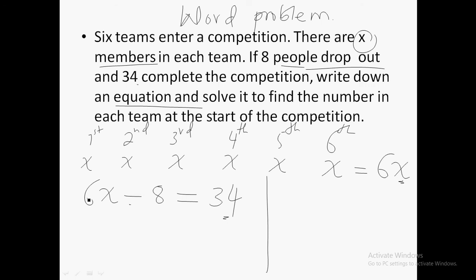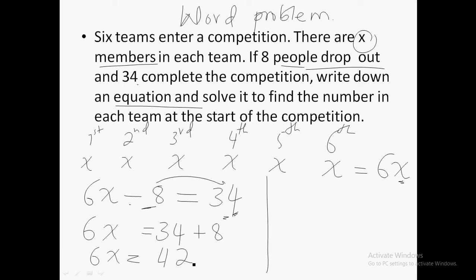Solve it to find the number in each team at the start of the competition. This 34 is not the exact number of the 6 teams, so we have to take this 8 to the right side. 6x is equal to 34 plus 8, which is 42.